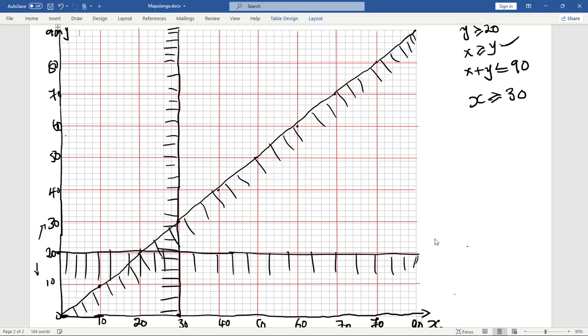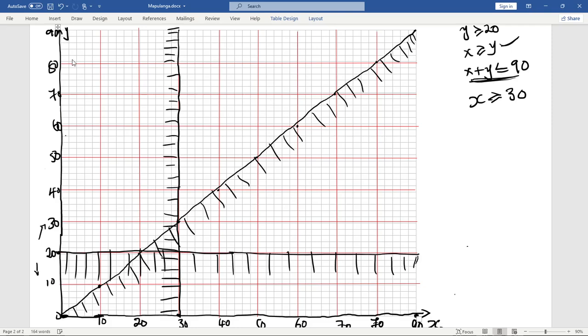Then we have this inequality, x plus y less than or equal to 90, that we need to illustrate on the graph. When y is 0, x is going to be 90, so we go to where 90 is here. When x is 0, y is 90, so we go to where 90 is there.